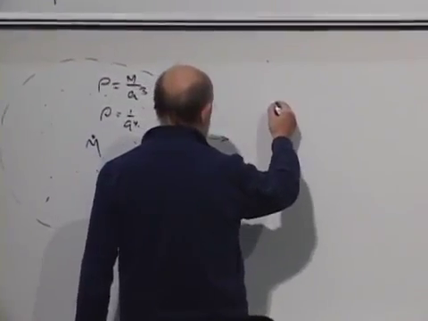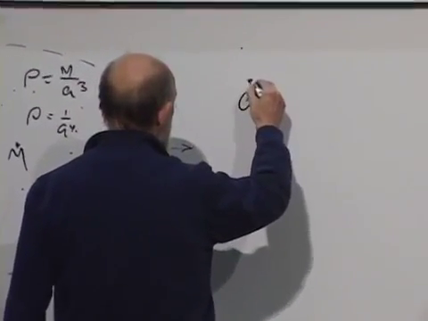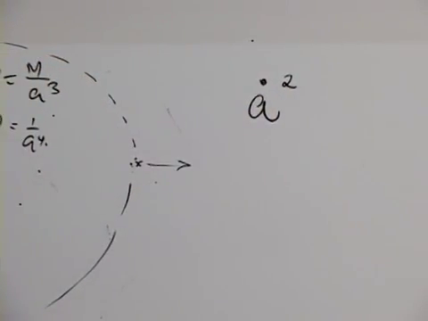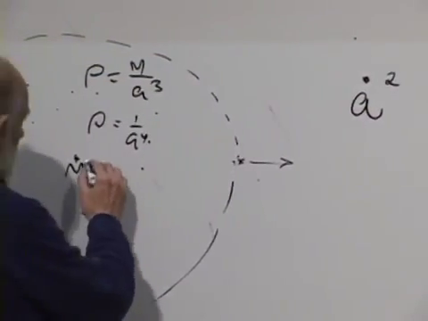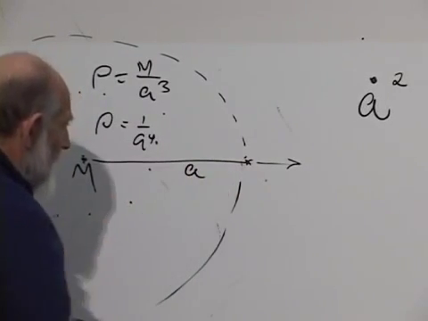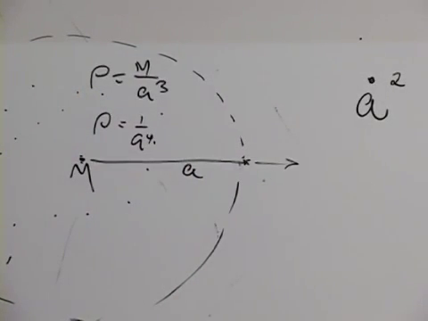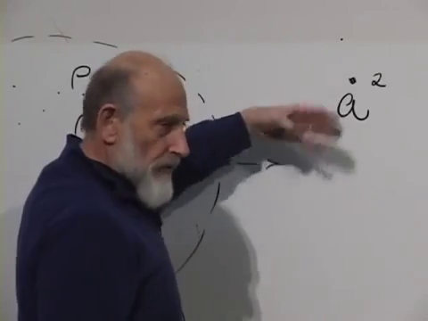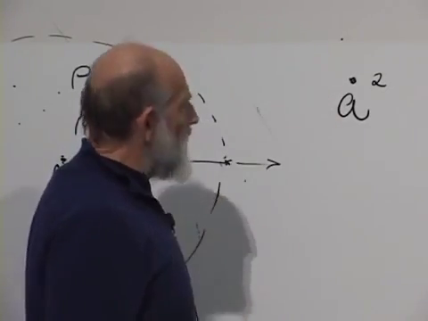The kinetic energy was just proportional to a dot squared. This distance is proportional to a. The distance to any given galaxy is proportional to the scale factor. So the kinetic, I won't write the details, I'm just reminding you now. There was a term a dot squared.